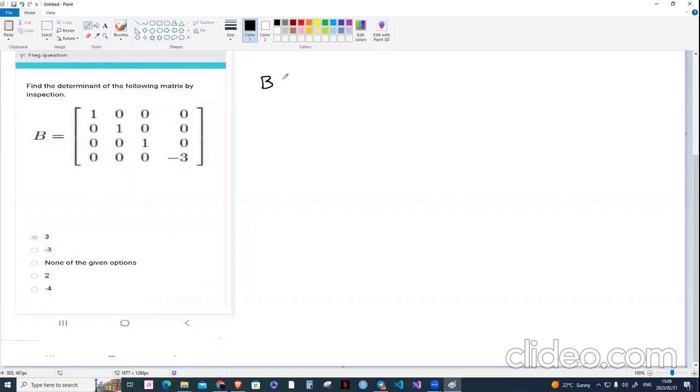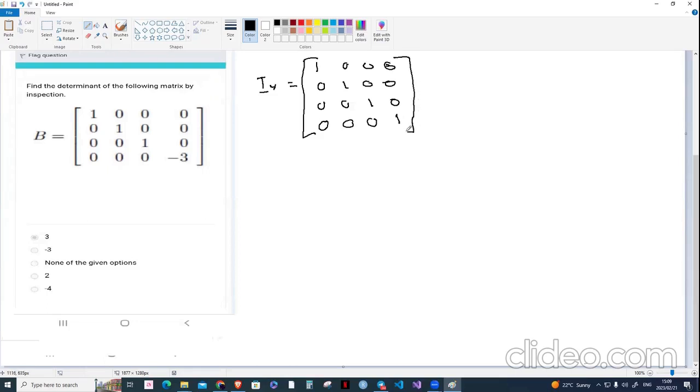We have B because we did one row operation on I4. We did one 1 0 0 0, 0 1 0 0, 0 0 1 0, 0 0 0 1.